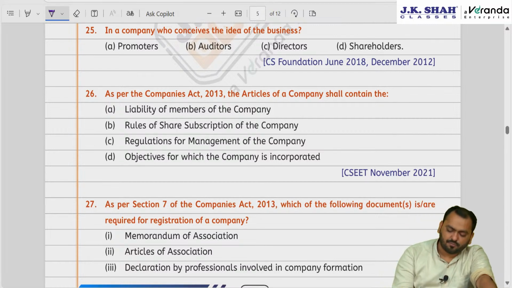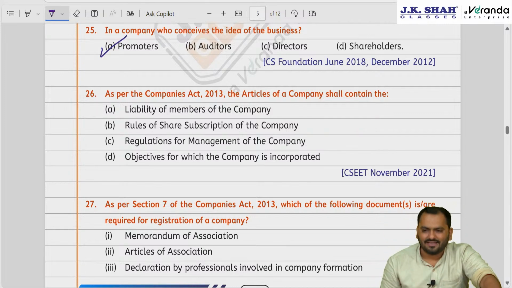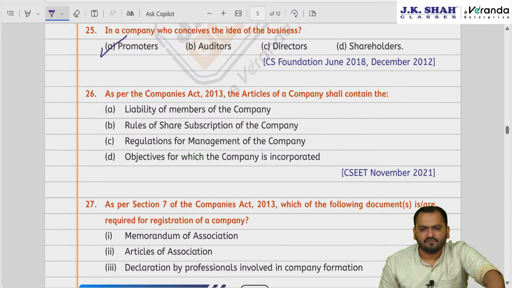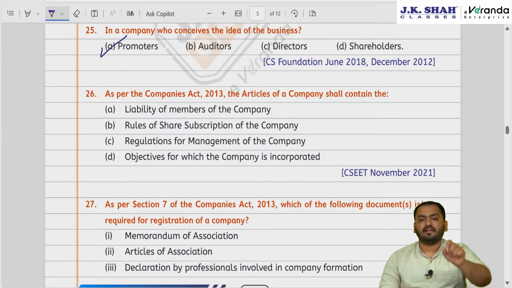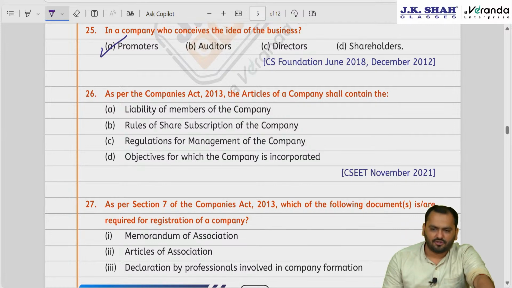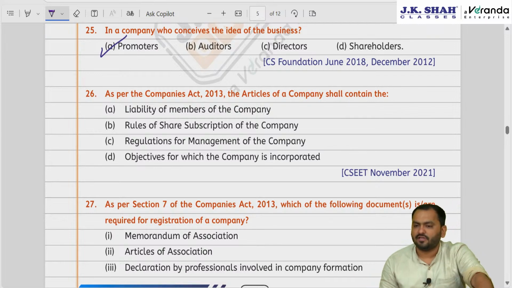Yes, because the promoter is the person who had an idea to start the company. The definition of promoter you will study in Executive, in section 2, clause number 69. Then auditor, obviously that is not the answer. Director is not the answer. Shareholders, absolutely no. So the answer is A, promoter.